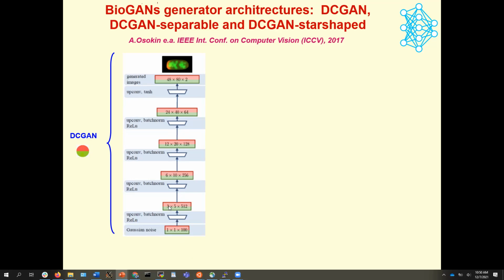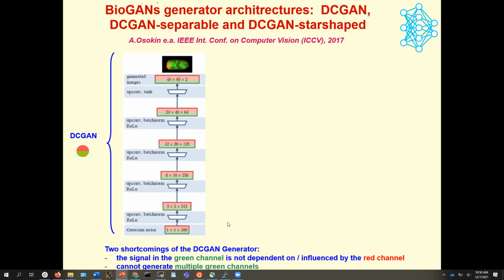You see here 3 by 5 pixels and a stack of 512, the same as in the previous slide. And then another twice bigger image, but with a twice smaller stack, and so on. And eventually we arrive at the green and red two-channel image. So once again, what are the shortcomings of this network?